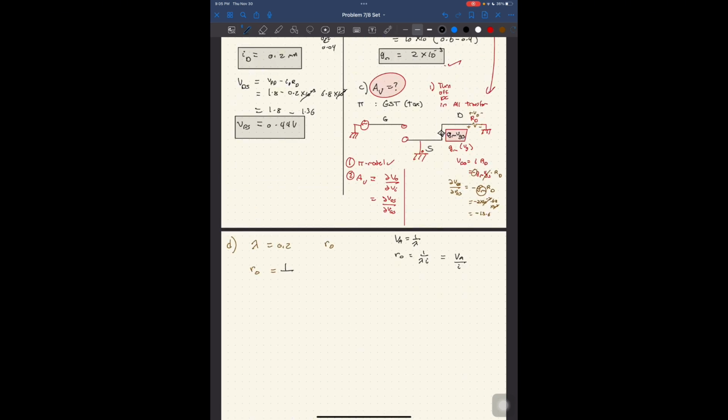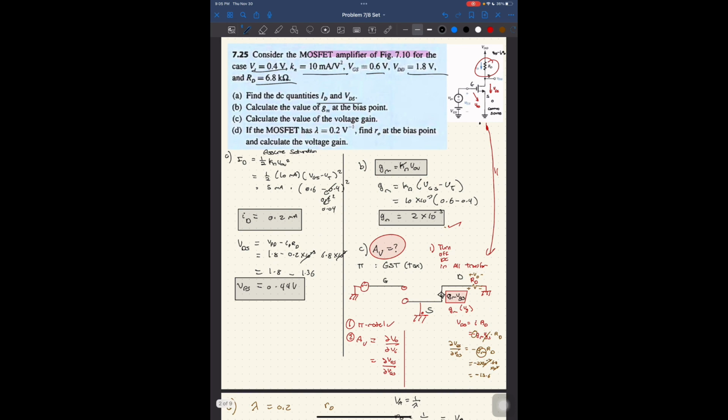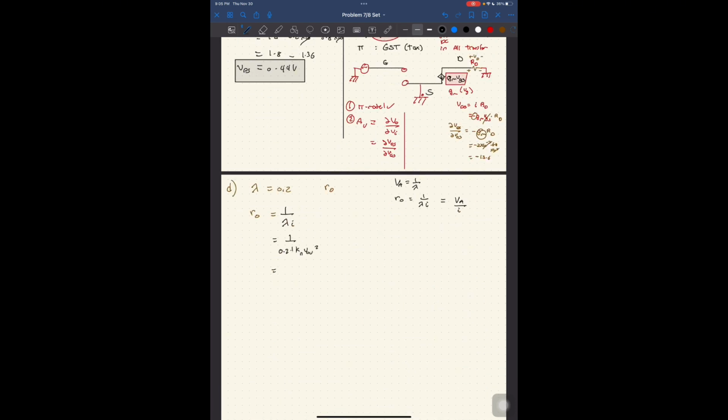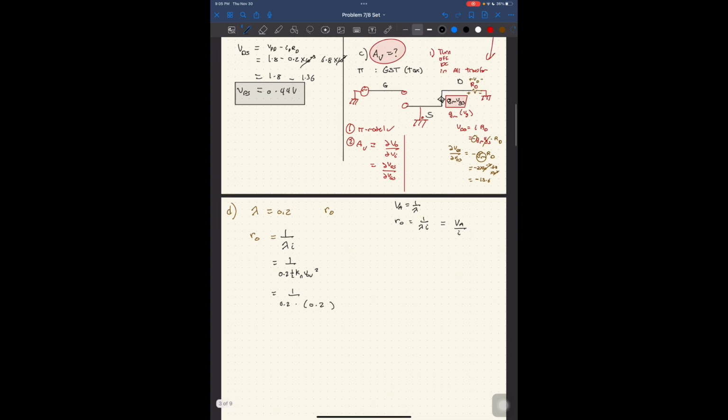So basically I'm just saying 1 over lambda I, right? And that becomes nothing but equal to 1 over 0.2 times Kn VOV squared. Again, I'm assuming saturation. I have already found this above when I told you that ID is equal to 0.2 milliamps. Right, so it's going to be 1 over 0.2 times 0.2 milliamps.